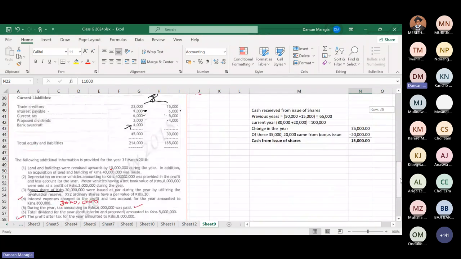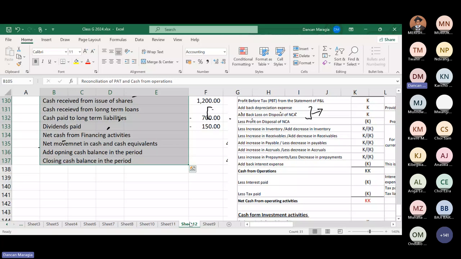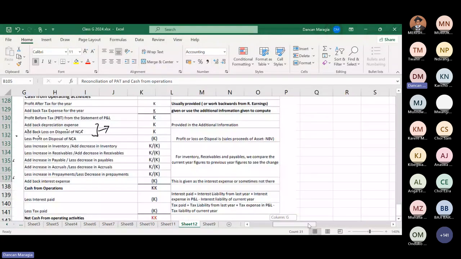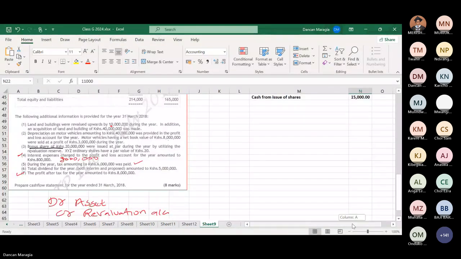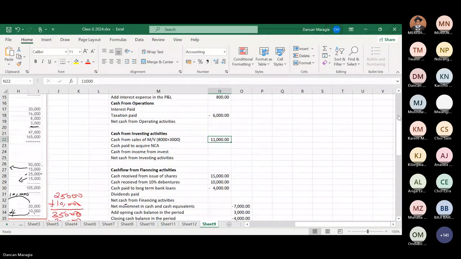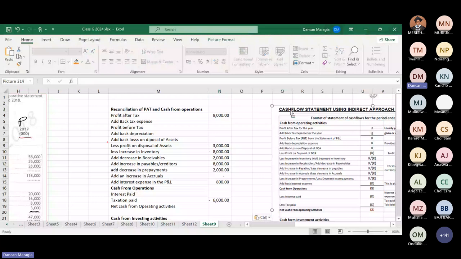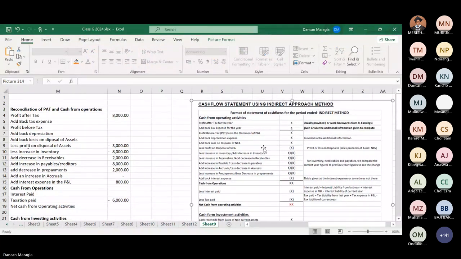Now, I want to go to the figures here, if you remember, that are given formulas. I usually calculate non-current assets last.